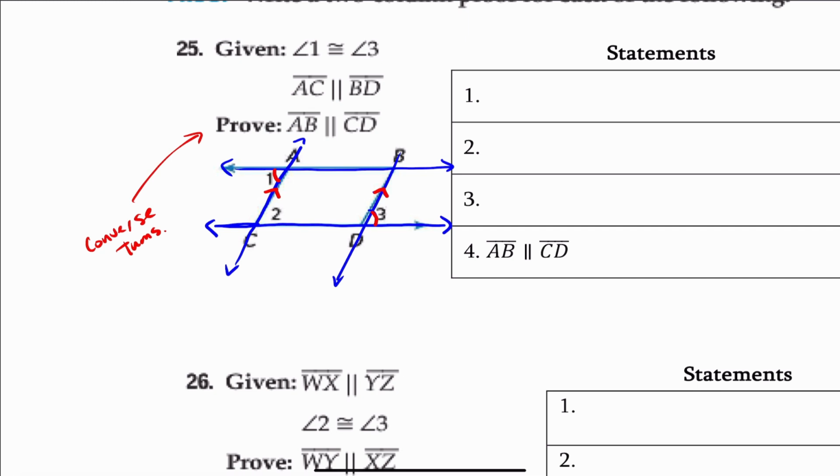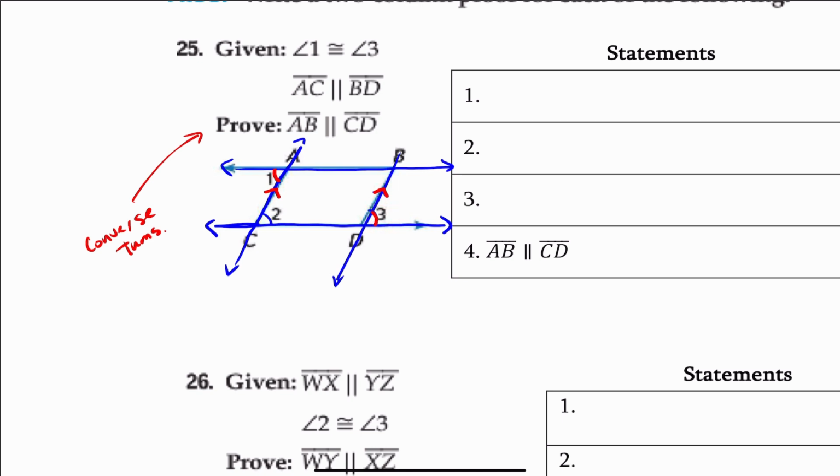And I can see that, again, I got these parallel lines, and yeah, you got a transversal here and a transversal here. And I can see that angle 2 is congruent to 3.